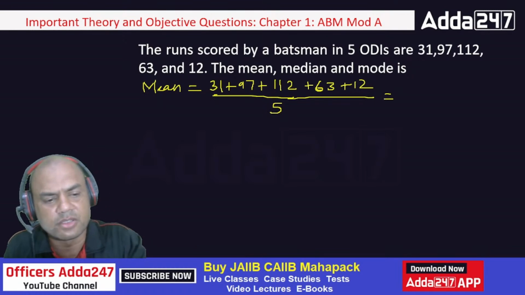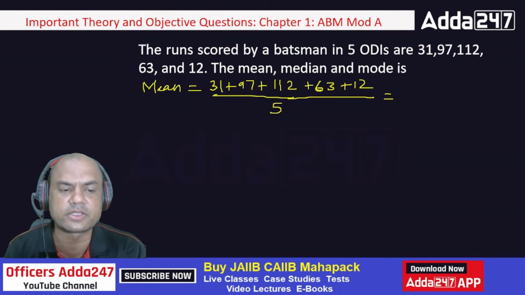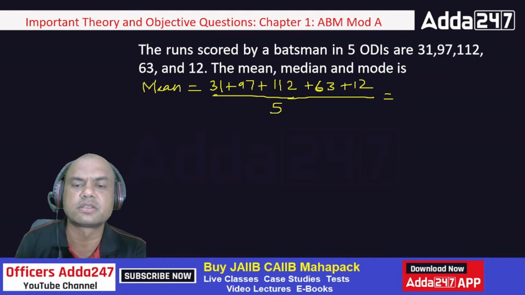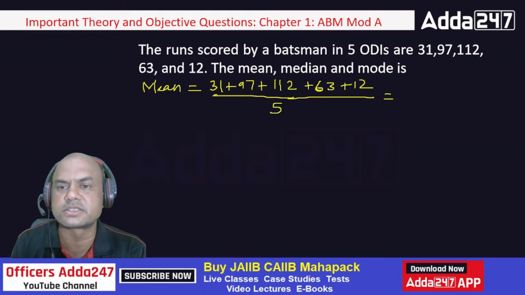So mean is simple. Do it on the calculator, everyone. Try it yourself. What is the answer you are getting? Let me also try it. 31 plus 97 plus 112 plus 63 plus 12 equals 315.